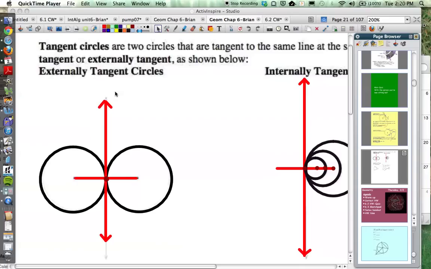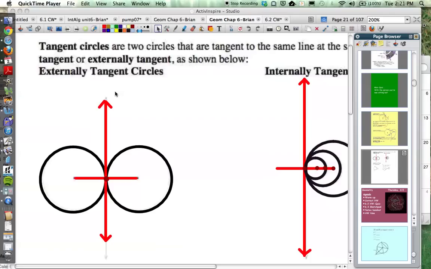Okay, let's go ahead and look at the back side of our worksheet here. We have a couple of definitions at the top of the back page related to tangent circles, which would be any circles that are tangent to the same line at the same point of tangency. Notice that you can have externally tangent circles, which are two circles that only meet at that point of tangency, and then the internally tangent circles, which are sort of overlapping circles that all have the same point of tangency.